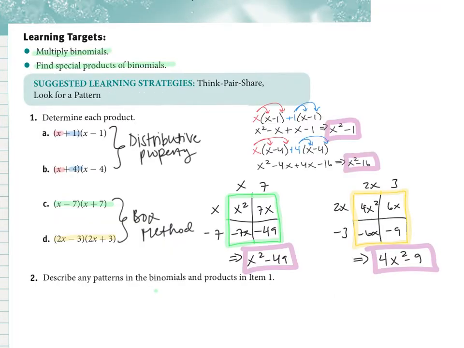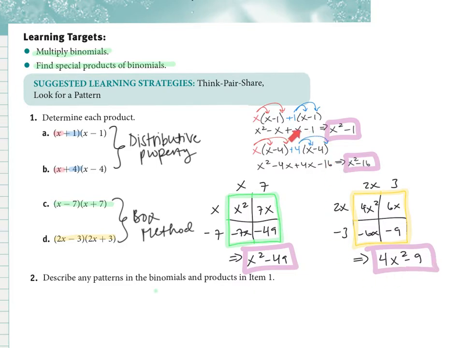All right, you can see that for part A and B, I used the distributive property, and for C and D, I used the box method, so you can get a visual of what this looks like. As you can see, when we found the product, the final result, which I have highlighted in purple, we ended up with 2 terms for all of them.